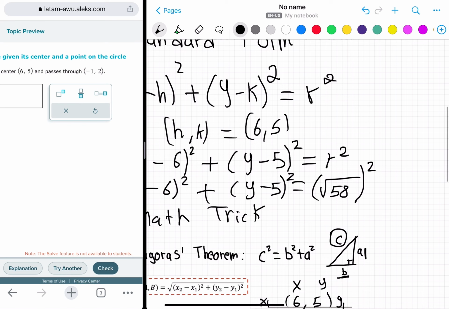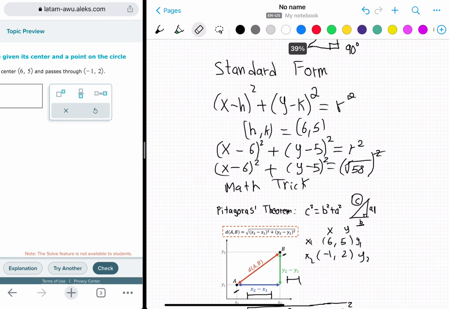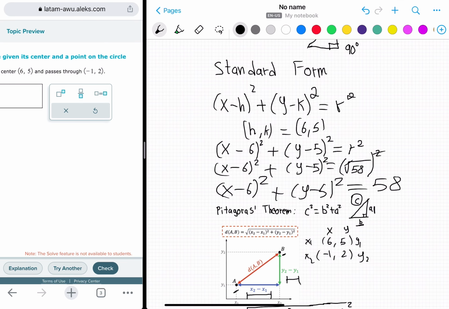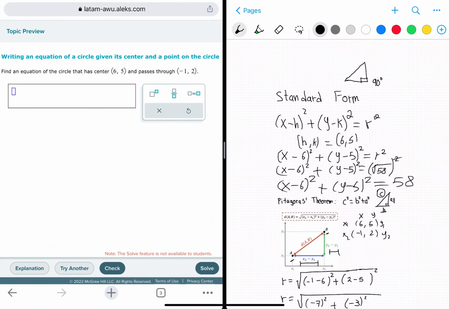As you know, square roots and square numbers cancel each other. So this is the same as just writing x minus 6 squared plus y minus 5 squared equals 58. And that is the answer to this exercise. Let's check here. Yep, that is the same answer that I have here. Check.